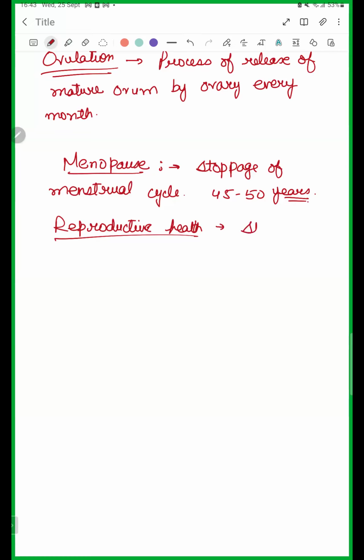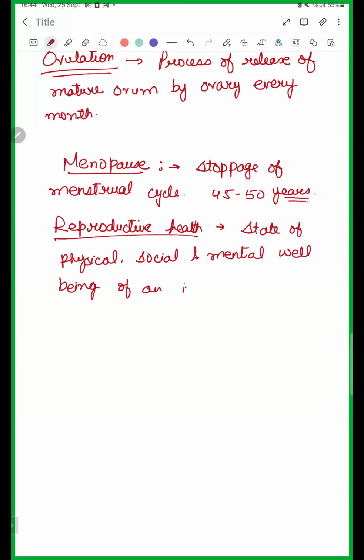Reproductive health is the state of physical, social, and mental well-being of an individual so that he or she leads a healthy and safe reproductive life.